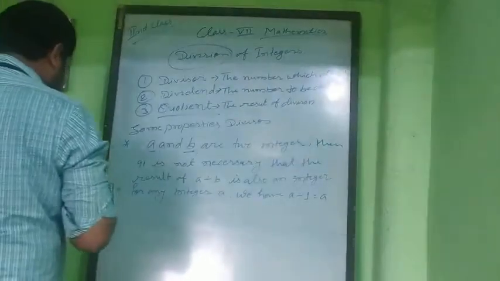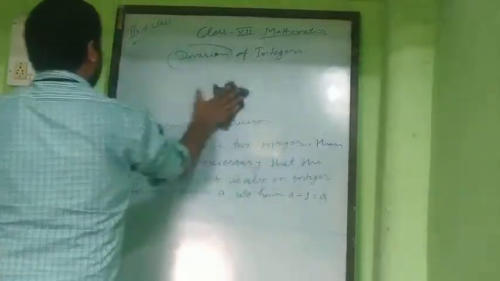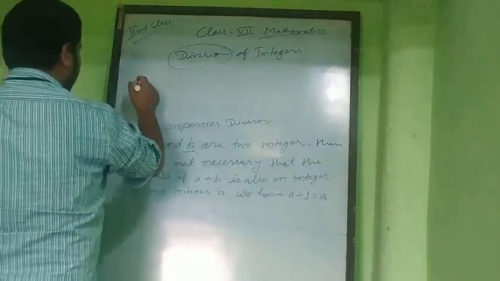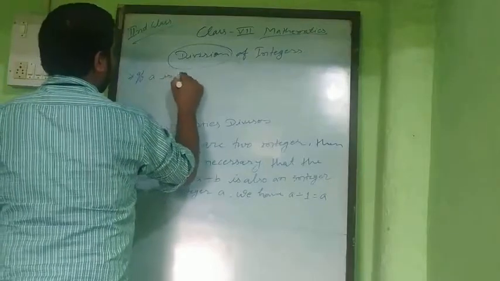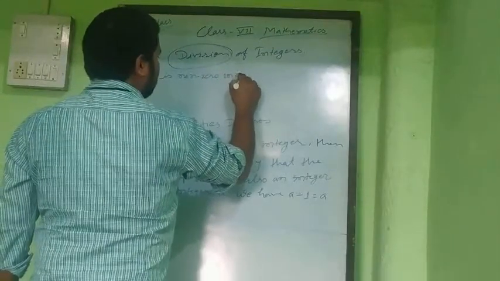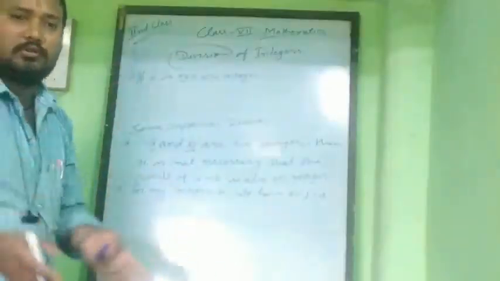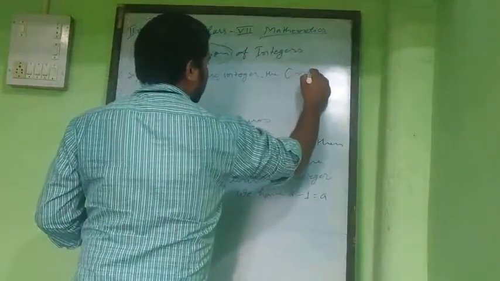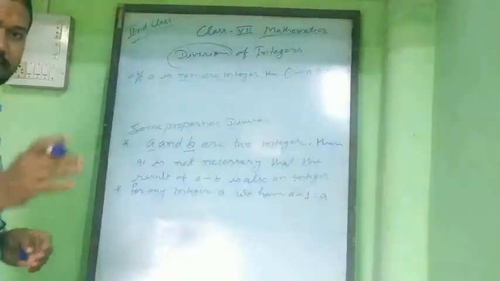Now the other property is, if A is a non-zero integer, that means not zero, then 0 divided by A is equal to 0.